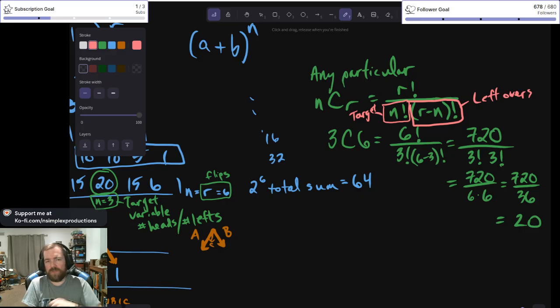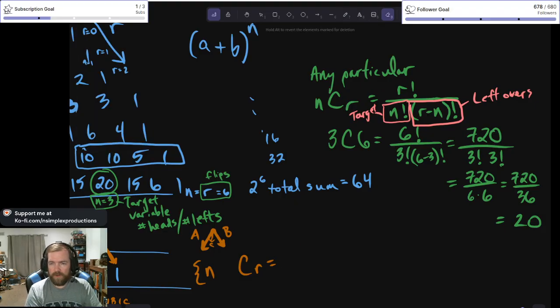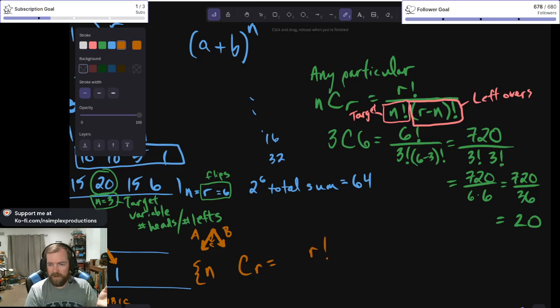My realization was that when I moved to a 3-dimensional case, we're kind of doing the same thing. We still have the same number of flips, so r factorial isn't going to change here. But what's going to change is the denominator. We choose what's in the first group, n factorial.